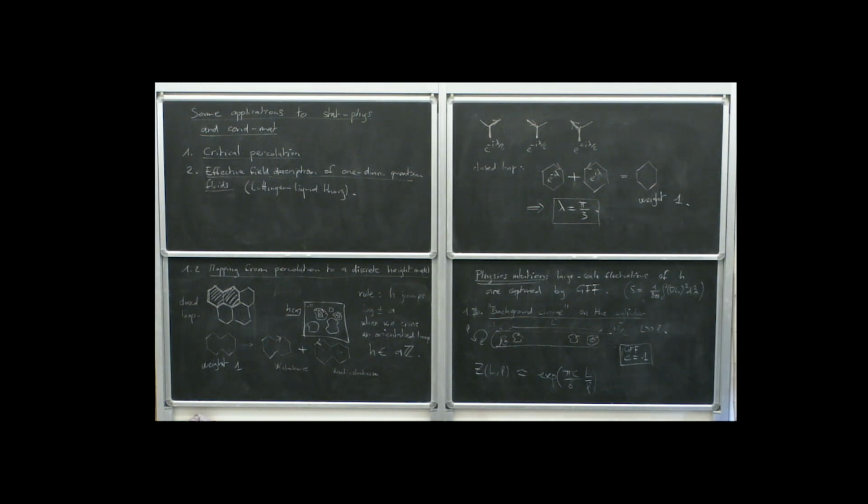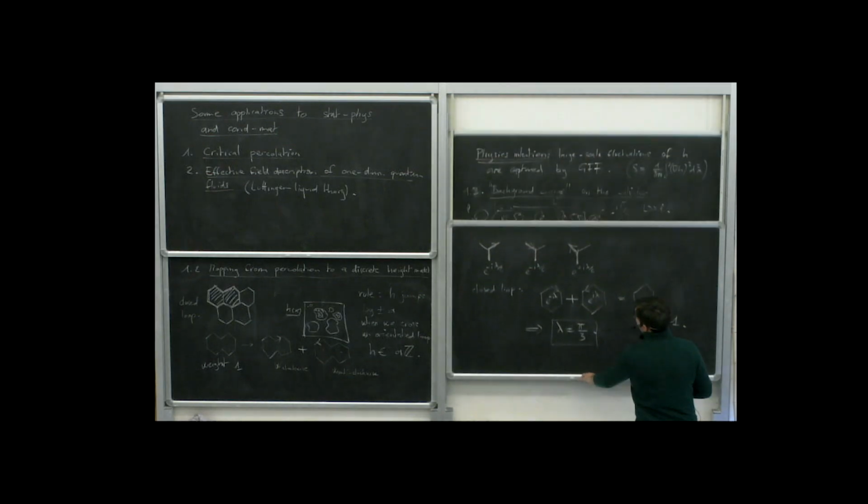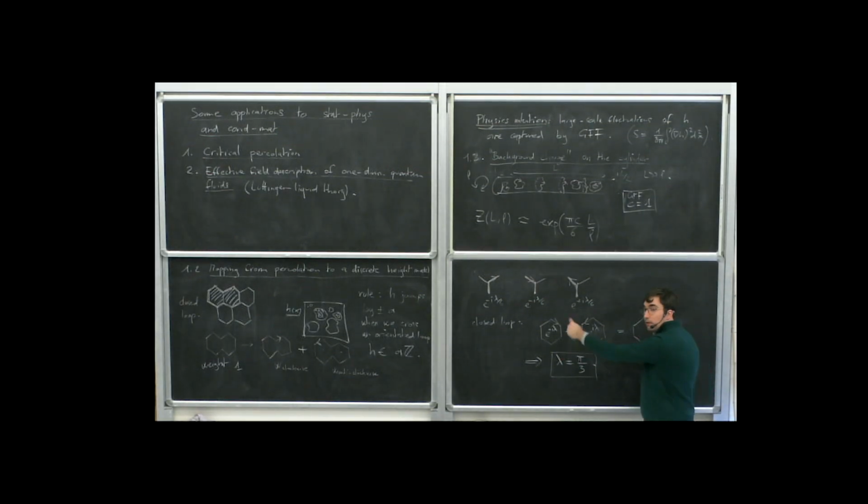So what's the problem? The problem is that the mapping was not quite complete, for the following reason. Along this very long cylinder, there are these nice small loops, but there are also loops that can go around the cylinder, in both directions. These loops do not turn by an angle 2 pi.